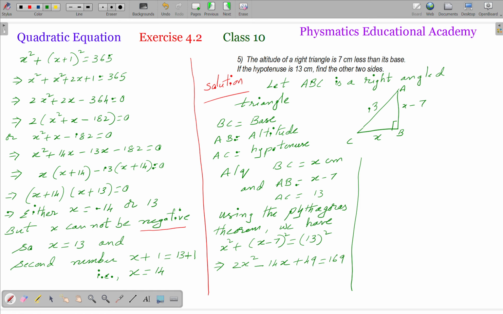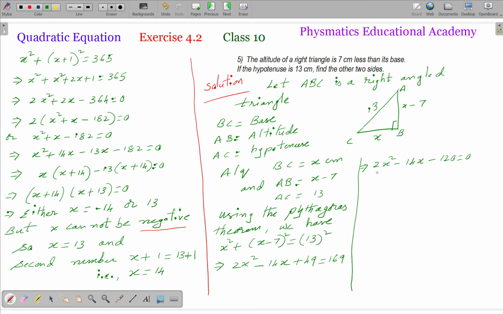It becomes 2x square minus 14x plus 49 minus 169 is equal to 0.